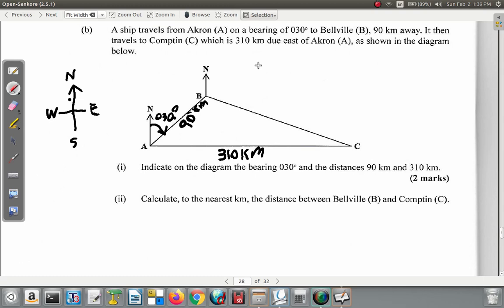Now, you will have to use the sine rule or the cosine rule. Let's try the sine rule and see how it works.